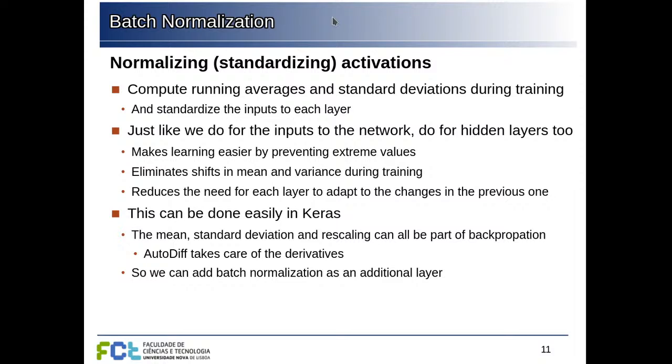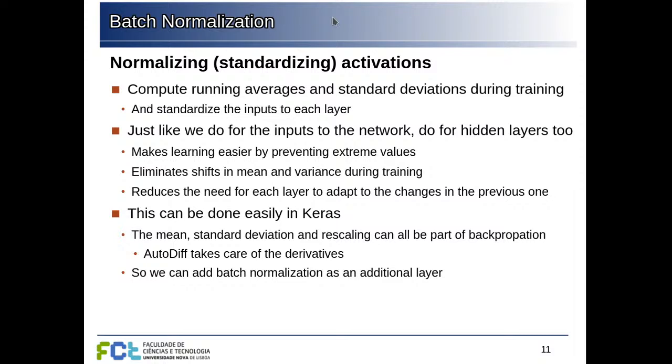Batch normalization works by taking a running average of the batches that we are supplying to the network during training. It takes the running average of the outputs of the previous layer and also computes the standard deviation. And it will apply those values, average and standard deviation, to rescale the output of this layer before inserting it as an input to the following layer.